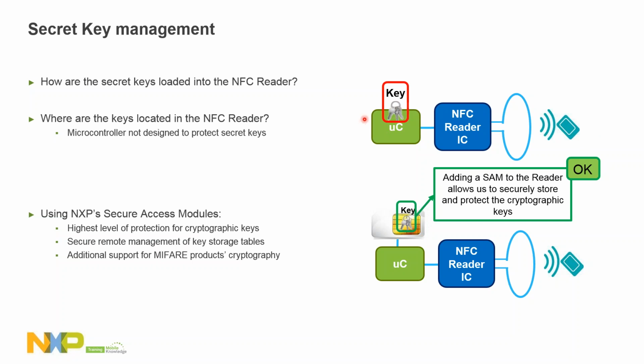A common approach is to store those keys in the microcontroller or host. If done this way, please bear in mind that microcontrollers are not designed to securely store and protect cryptographic keys. You can surf a little bit through the internet to be aware of this. So adding an NXP secure access module, also known as a SAM device, ensures the highest level of protection and security for those secret keys in our application.